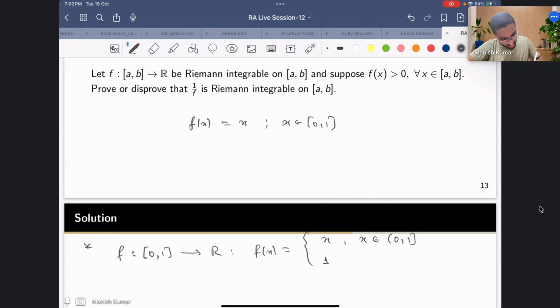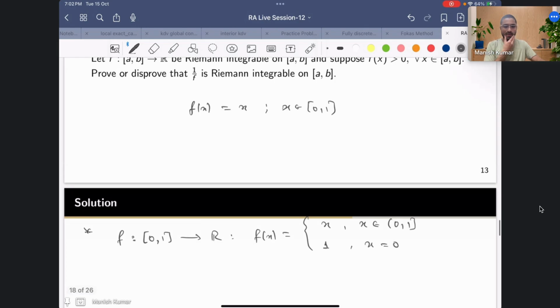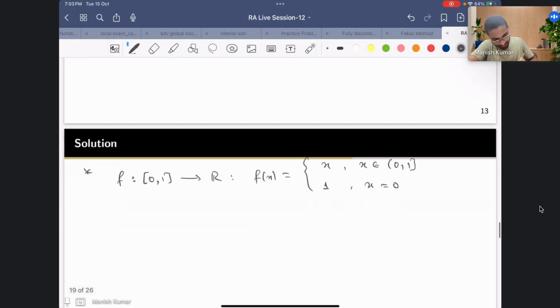Let's say 1 when x is equal to 0. Now this f is obviously integrable because one value does not matter. You can clearly see f is continuous on 0, 1 except the point 0, so this implies f is Riemann integrable.